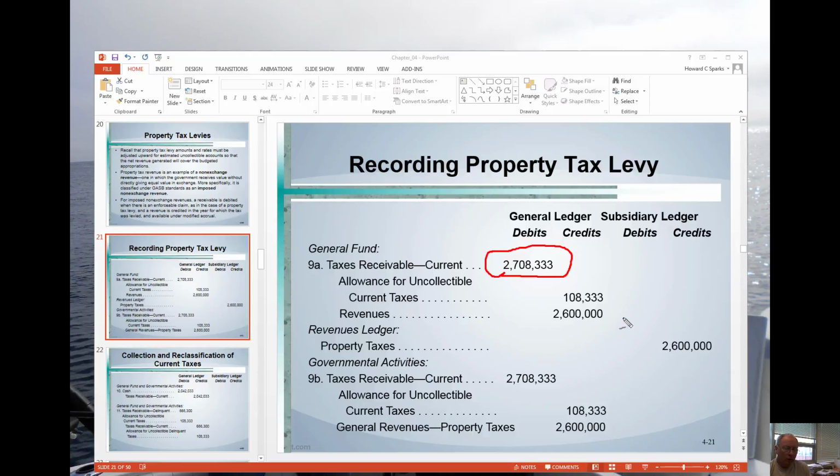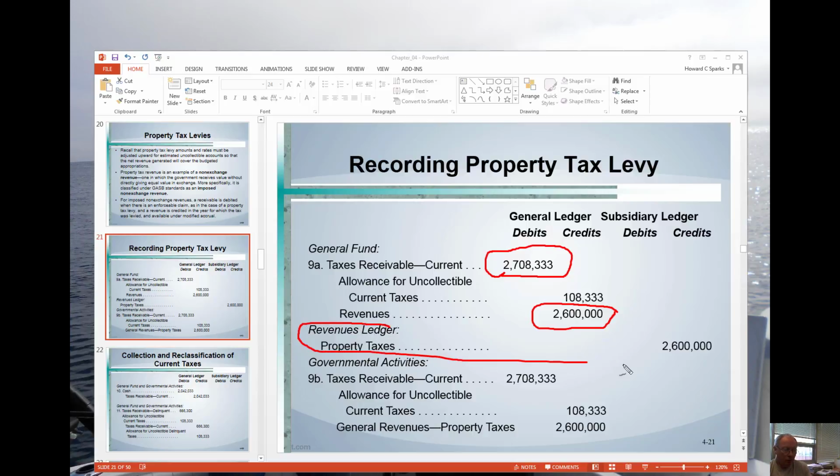We record only the revenue for the amount we expect to receive. That's the measurable and available. Typically we record bad debts expense as a separate amount. Here we actually net it out of revenue. And so we have this related valuation account for our receivables, but in the income statement we just record revenues at the realizable amount.